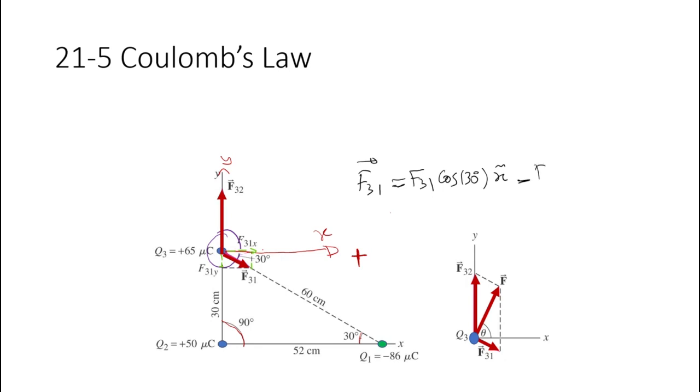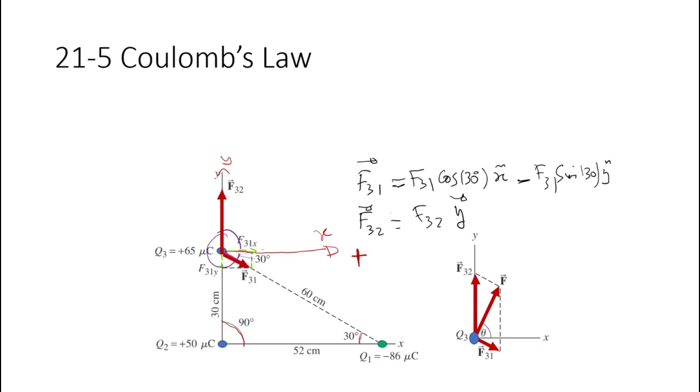It will be minus F31 sine of 30 degrees in y direction. Clear? This one east and south. The coordinates, you drop the vector on the x and y axes. But F32 will be just F32 in this case in y direction.